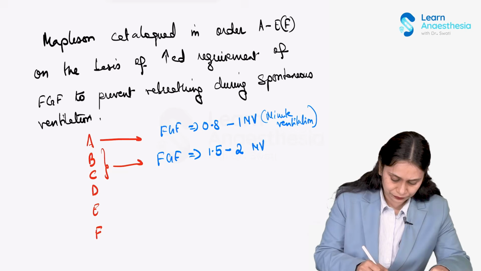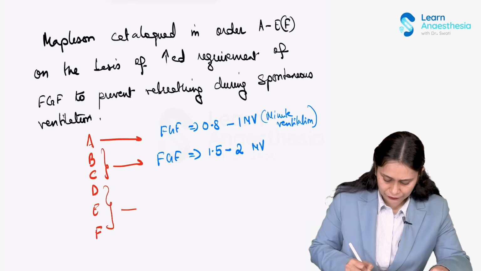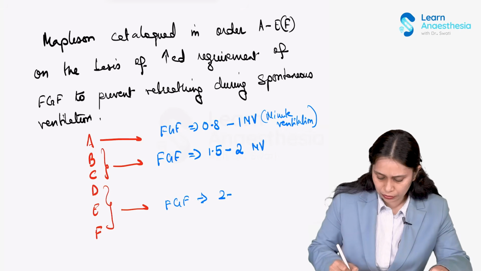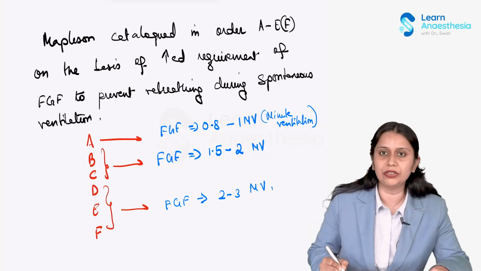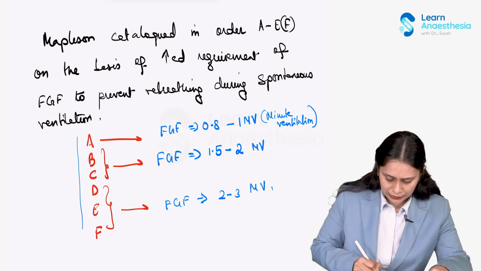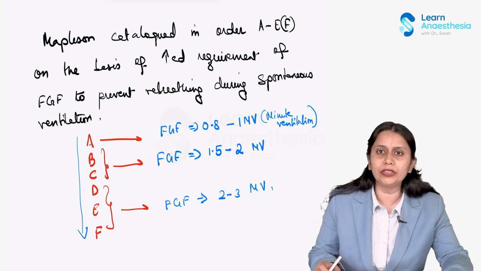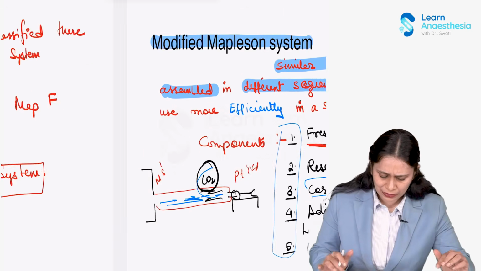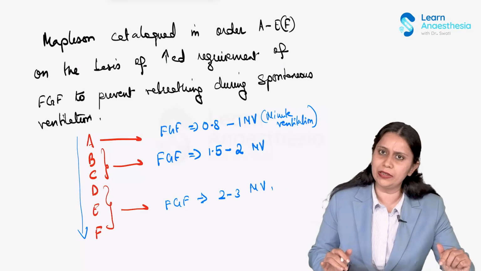And DEF, they require fresh gas flow 2 to 3 times the minute ventilation. So, they were catalogued in an increasing order of requirement of fresh gas flow for spontaneous ventilation. Got my point? Okay. So, Mapleson classified them in ABCD on this basis.